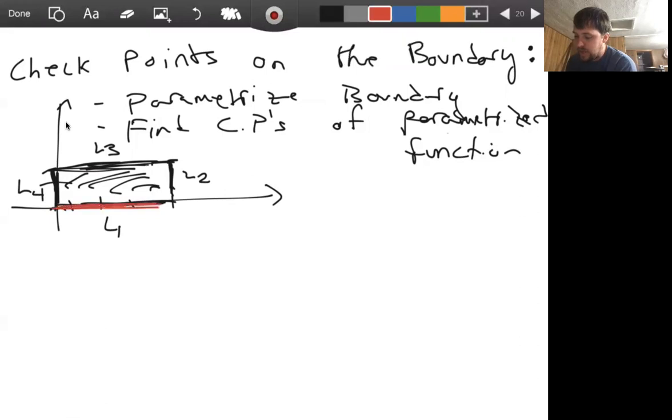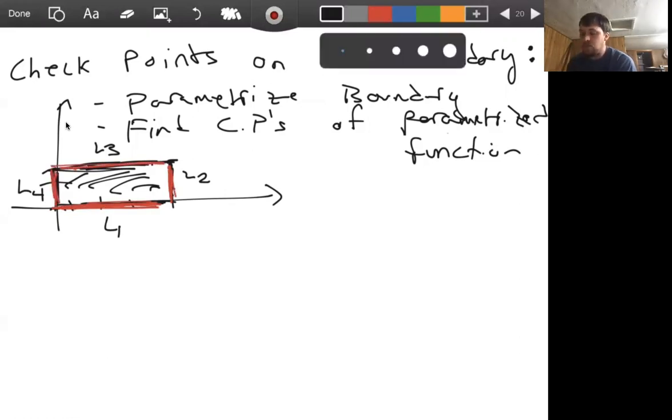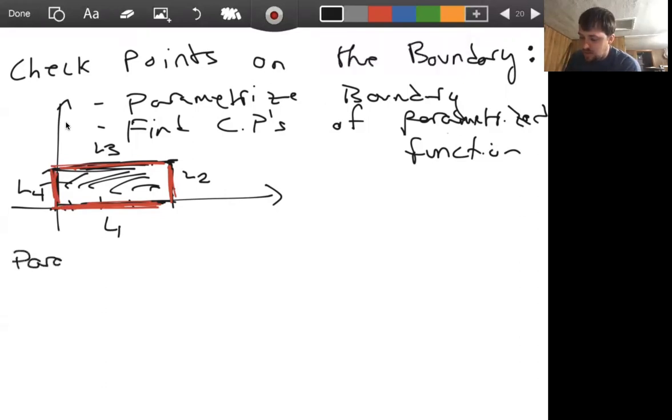I'm calling L1 the bottom, L2 the right, L3 the top, and L4 the left. And we need to parameterize each line segment.